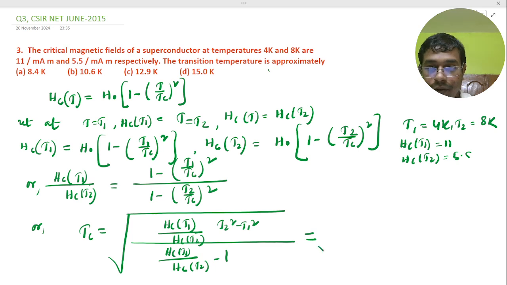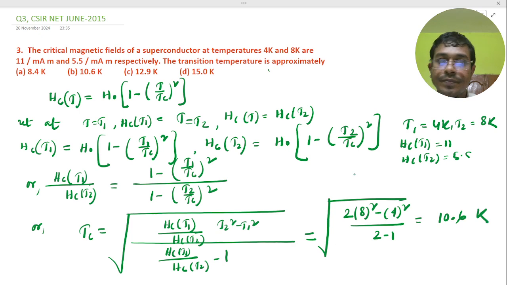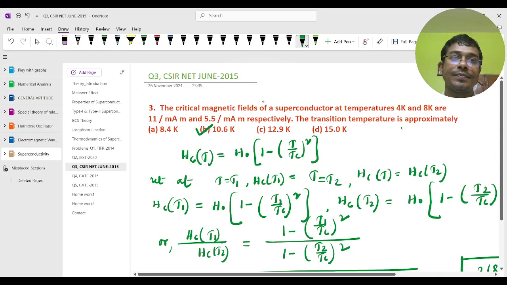Put these values: 8 whole square minus 4 whole square divided by 2 minus 1, we just get 10.6. So 10.6 Kelvin would be our answer. Option B is correct.